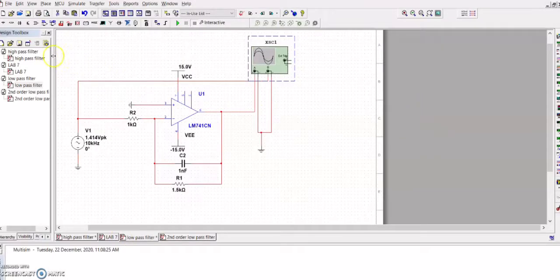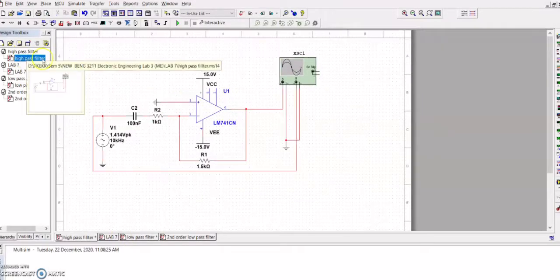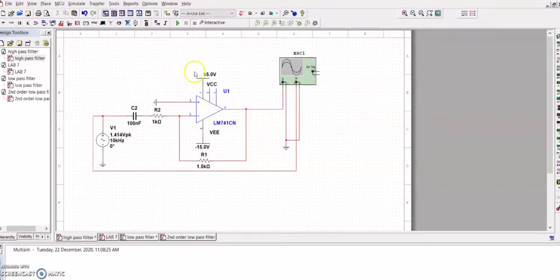Then we are required to design the high pass active filter, first order high pass active filter, and the circuit is constructed as here. Same as the low pass filter, we put the oscilloscope and the AC voltage power here, and we also put the 15 volt of input.